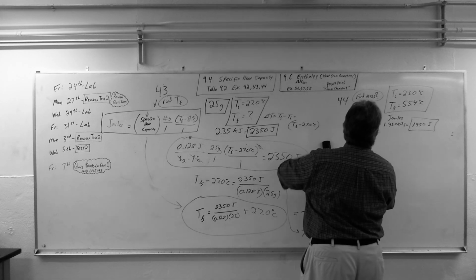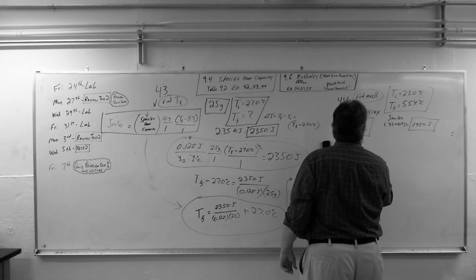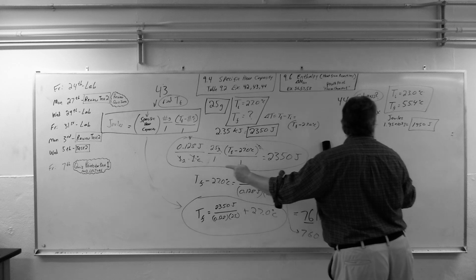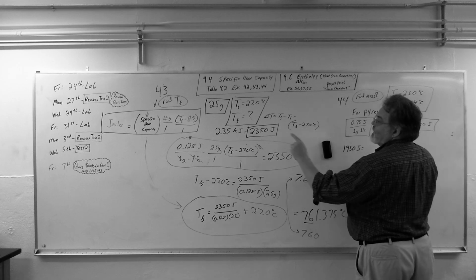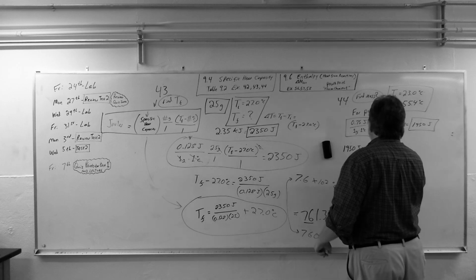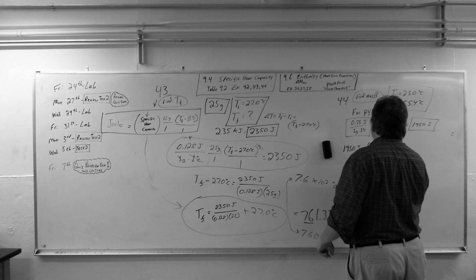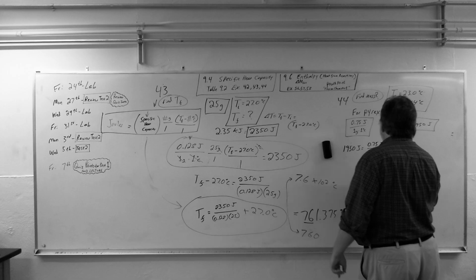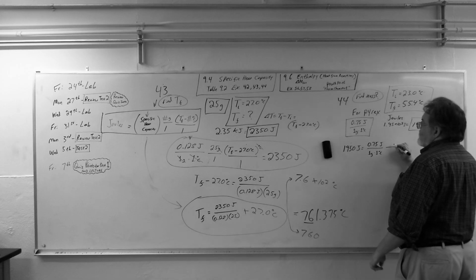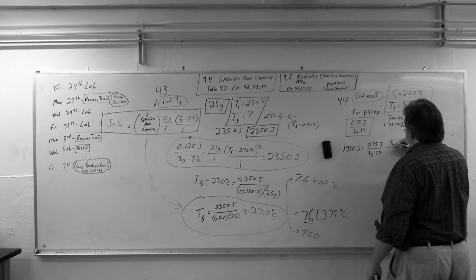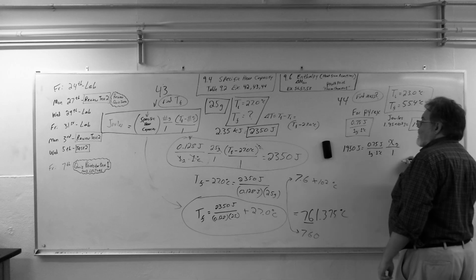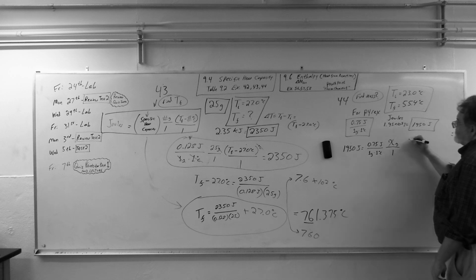So the joules I've got is 1950, which is specific heat capacity is 0.75 joules to 1 gram, 1 degree C. Next, I'm solving for the mass, so I'll just put an X there, X grams, and final minus initial.